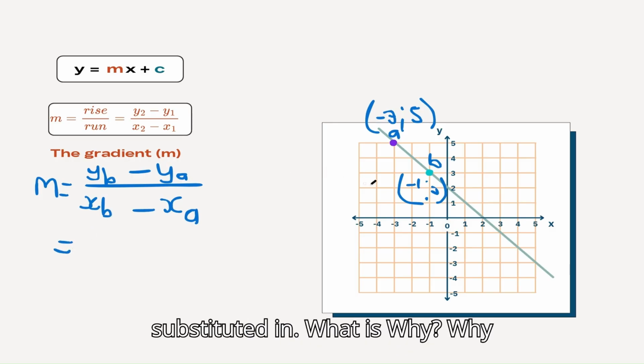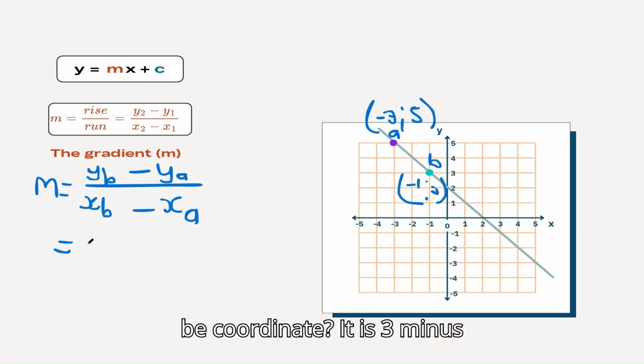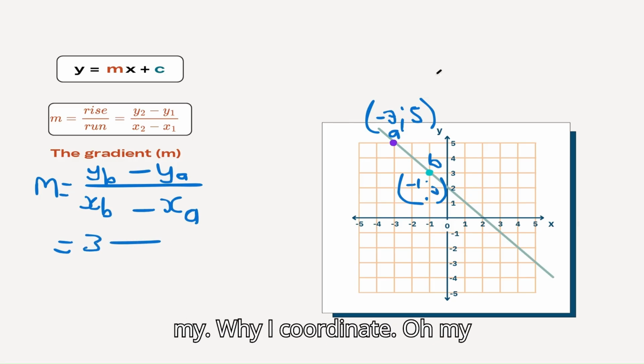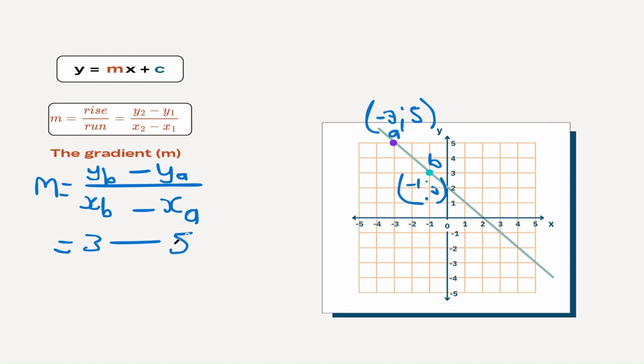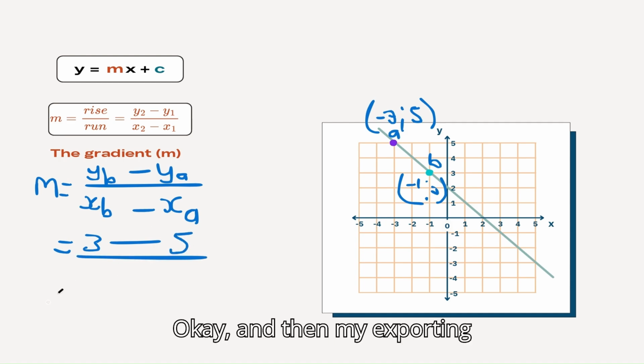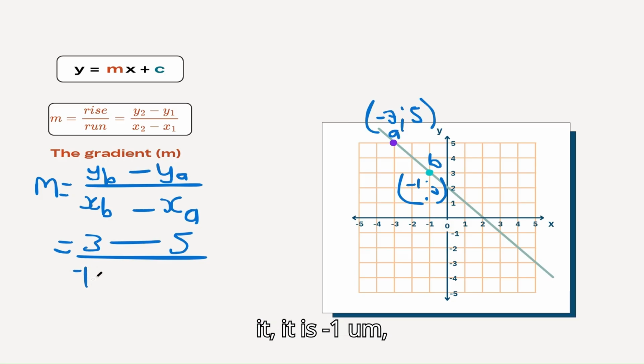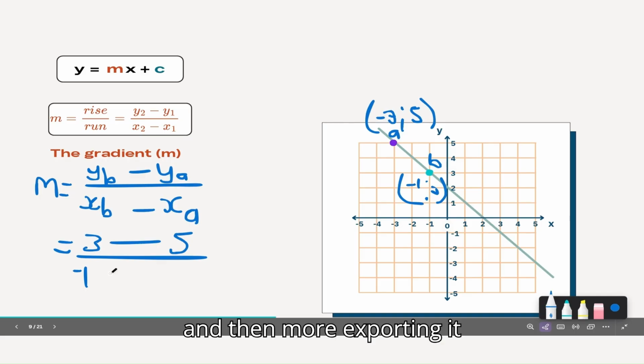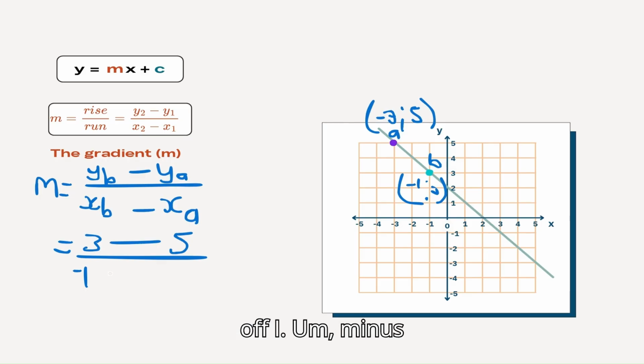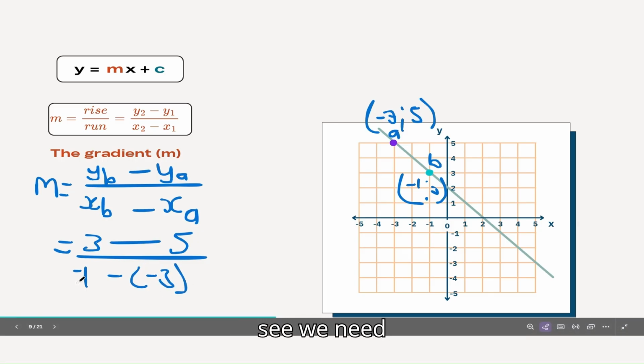What is my y B coordinate? It is 3 minus my ya coordinate. Oh my goodness, my minus is huge. Okay, and then my x coordinate of B is -1, and then minus the x coordinate of A, which is -3.